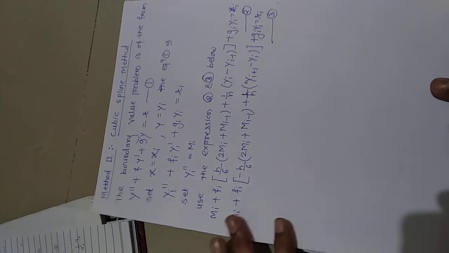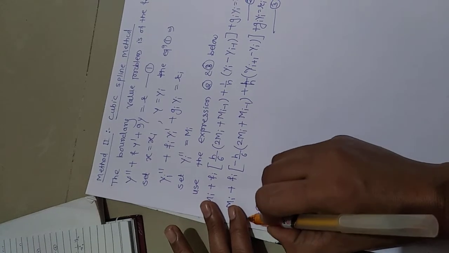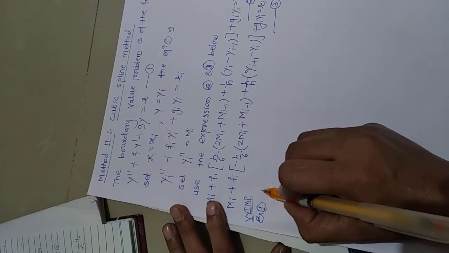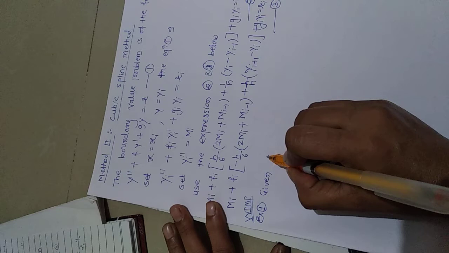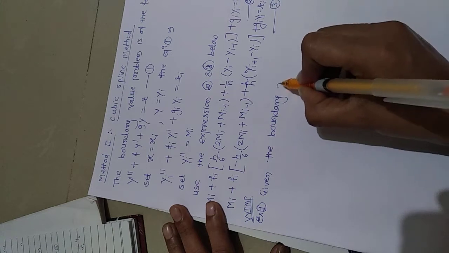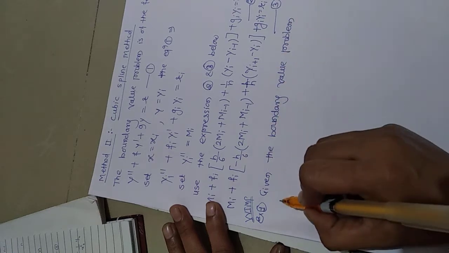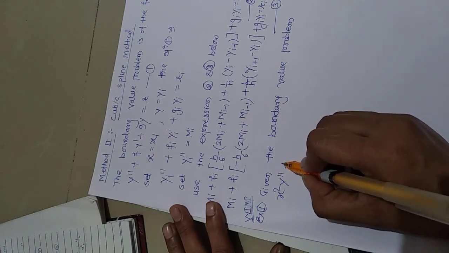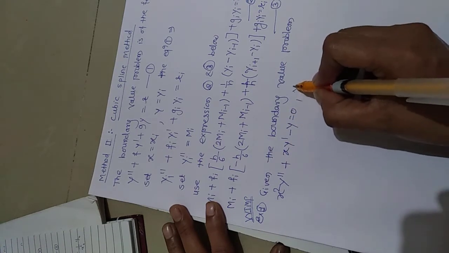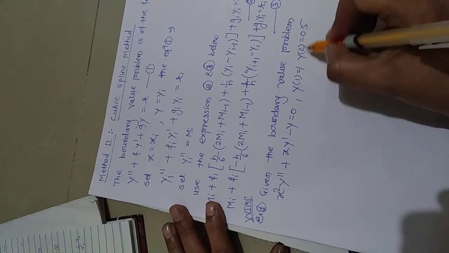Then write the problem. First problem, example 1. Very important problem of this method. Given the boundary value problem, x square y double dash plus xy dash minus y is equal to 0, and y of 1 is equal to 1, and y of 2 is equal to 0.5.